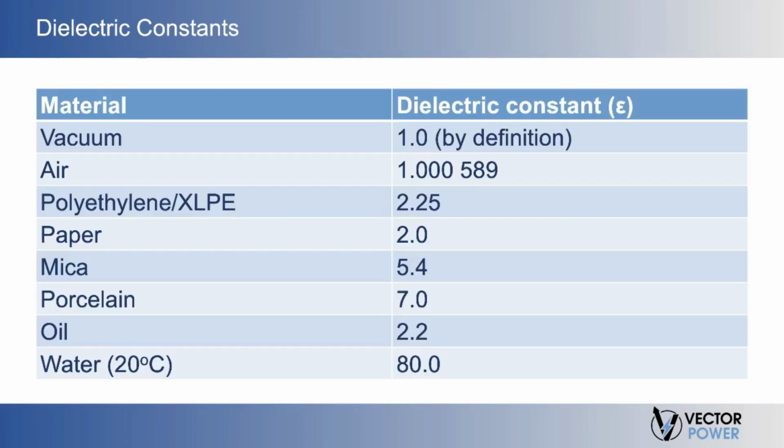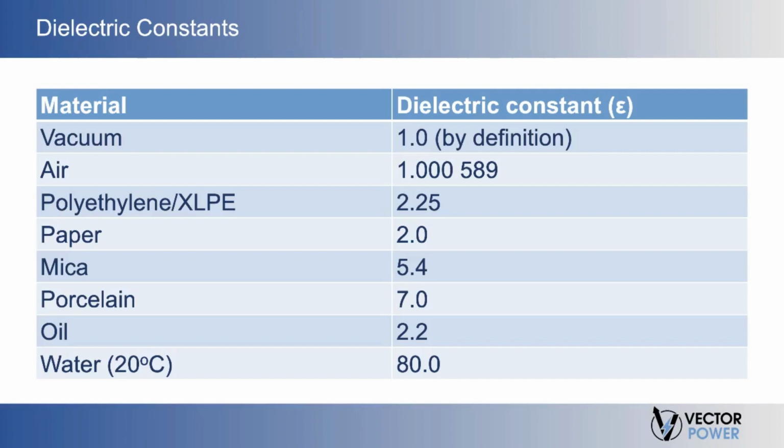Here we show a chart showing some common dielectric constants of various materials, ranging from vacuum, by definition a dielectric constant of 1, dry air, which virtually has a dielectric constant of 1, polyethylene or XLPE, paper, mica, porcelain, oil, and water at 20 degrees Celsius.